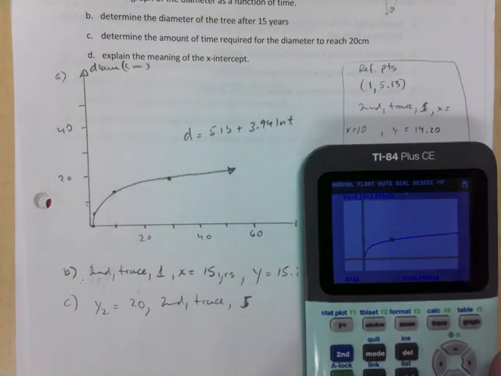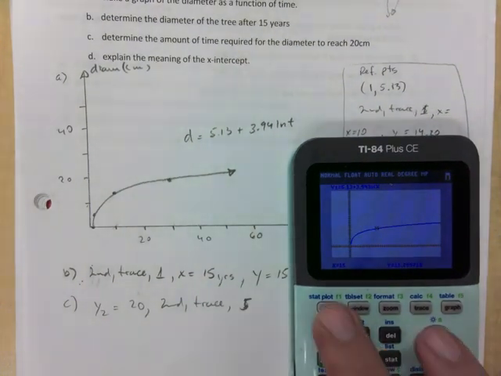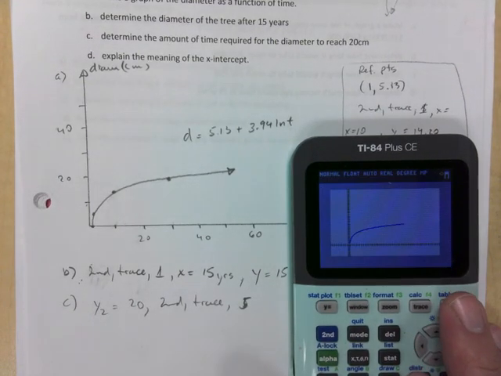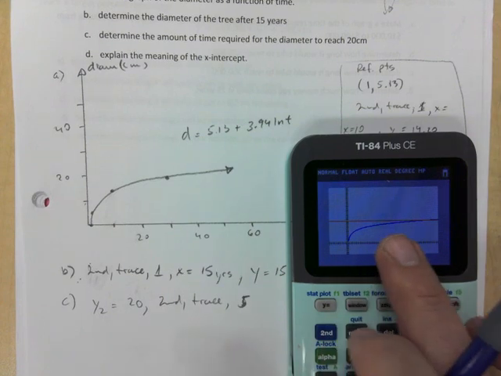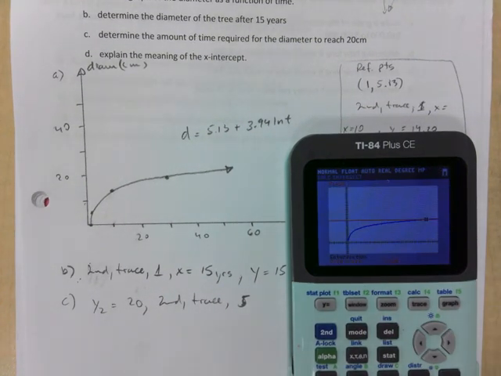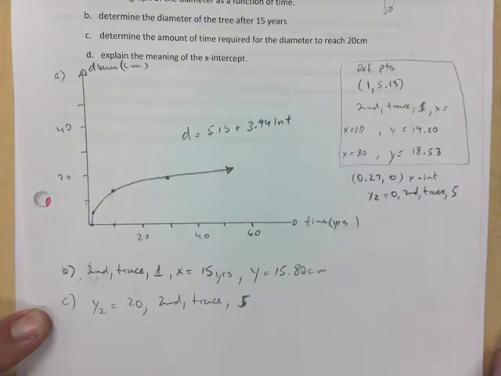So that's where logarithmics are very useful. So y2 is equal to 20, and there it is, right? I think this will work. That's 43.56.